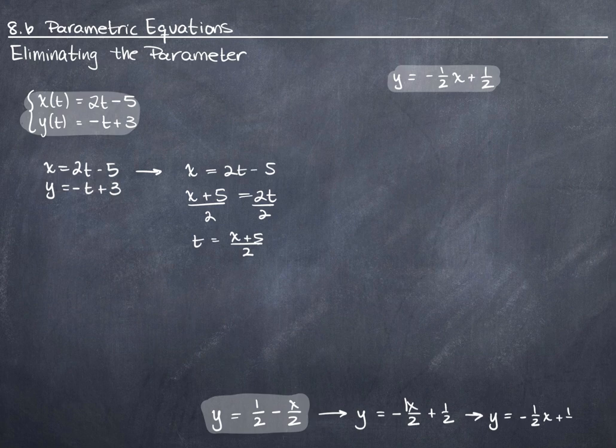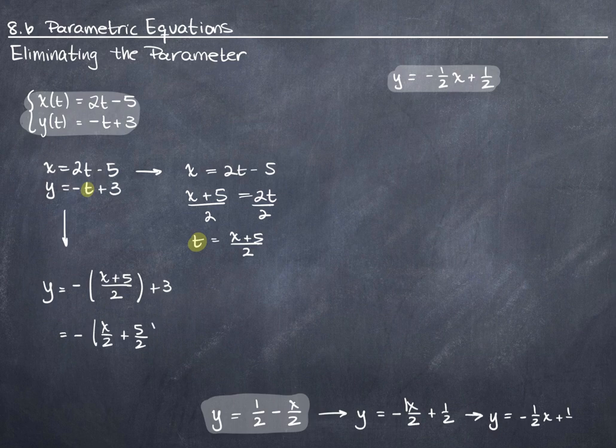Now that I have an expression for t, I'm going to replace the other t with that expression. So that lets me rewrite this as y equals negative t, but t is x plus 5 all over 2, plus 3. And now I need to simplify that. I get negative, let's rewrite this as x over 2 plus 5 over 2.